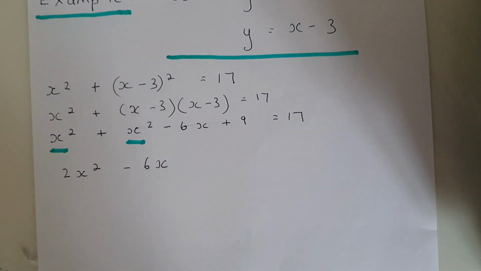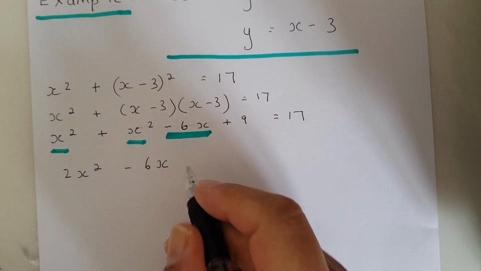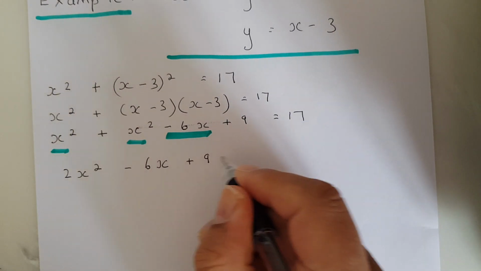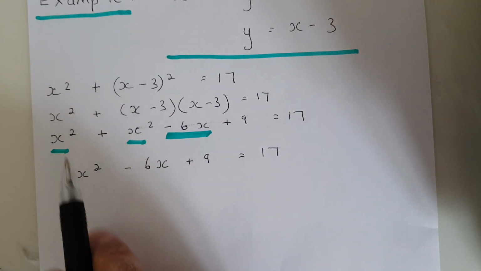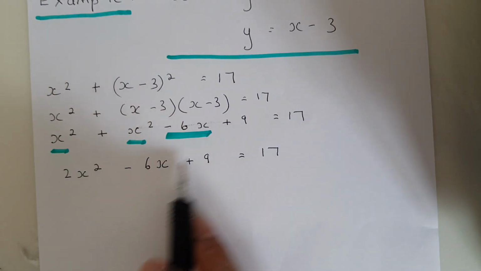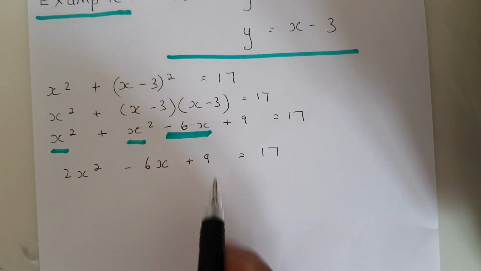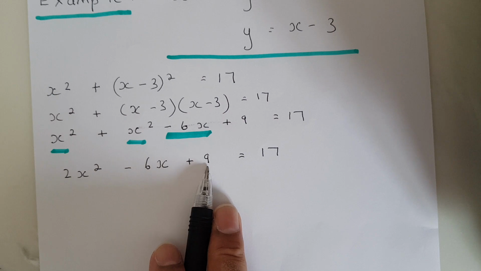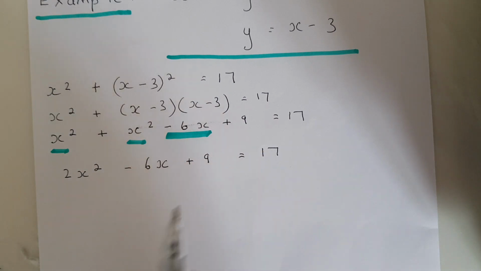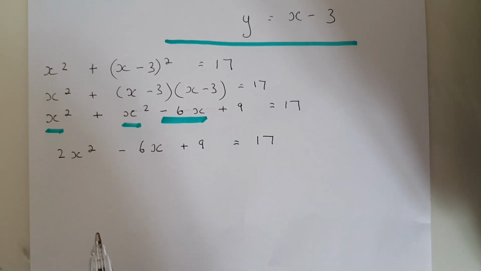I'm going to underline that, and then we've just got a 9 left, plus 9, equals 17. So we've put the like terms together. There's only one x there, a number there, a number there. Now we need to put this 17 with this number here, because that's a number, that's a number. So we need to put that together.